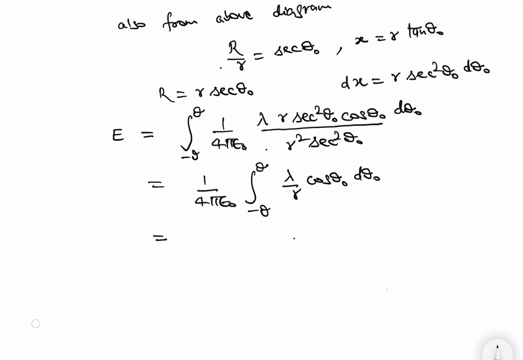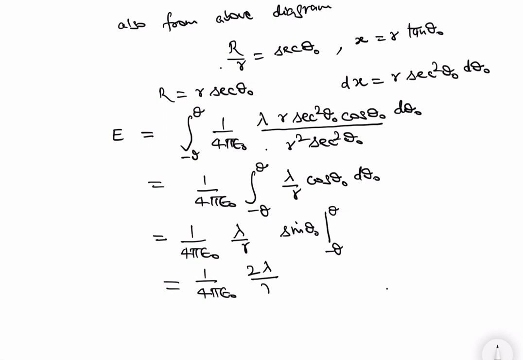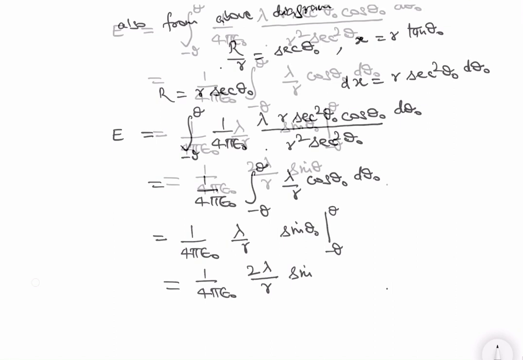That gives 1 by 4 pi epsilon naught lambda by r sin theta naught, with limits minus theta to theta. That gives 1 by 4 pi epsilon naught 2 lambda by r sin theta.